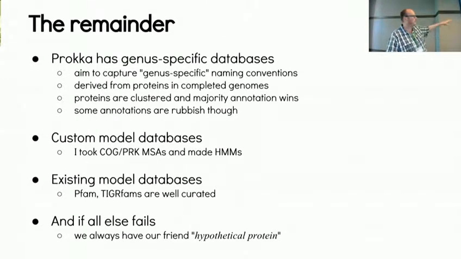So these are basically the slower methods. You can create your own databases for your genus. If you're only working on TB, you can create a tuberculosis database with just TB proteins in it. This makes sure that you pick up on the naming convention of each discipline. Although there are proteins that are conserved across all these different species, people in different species call the same protein different things.